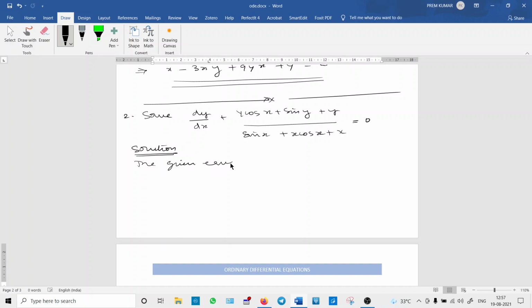The given equation is written as follows. You take this term to the right hand side and then cross multiply.